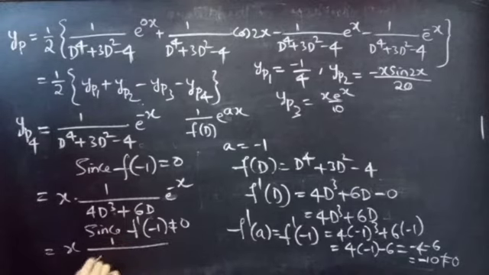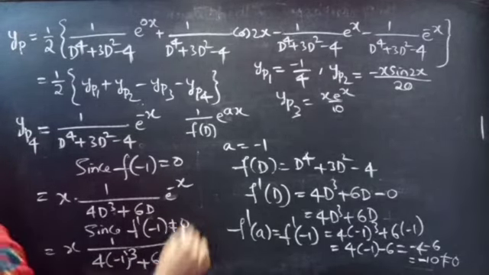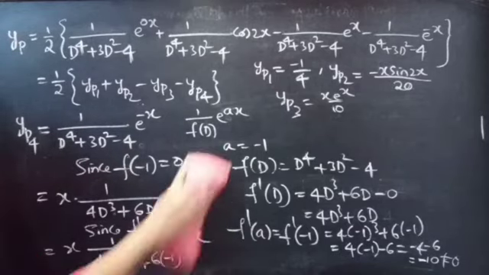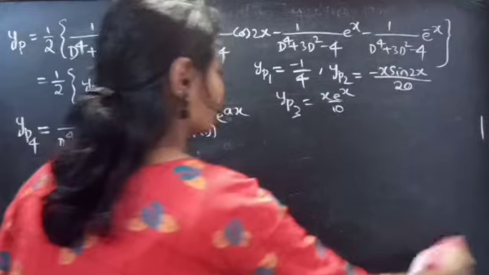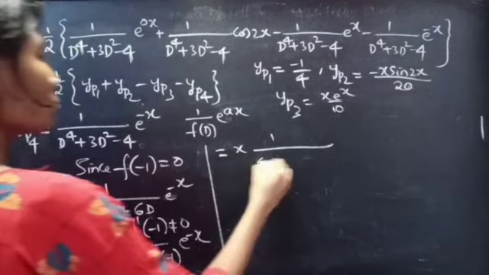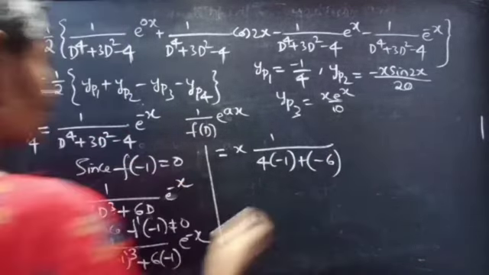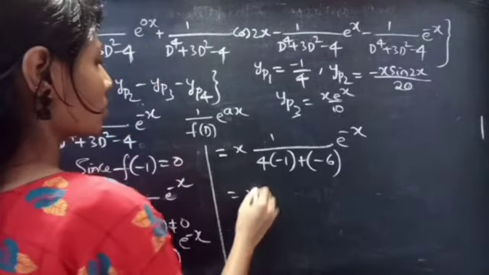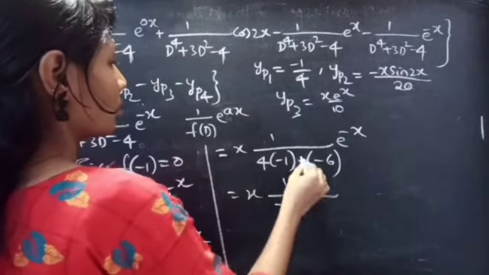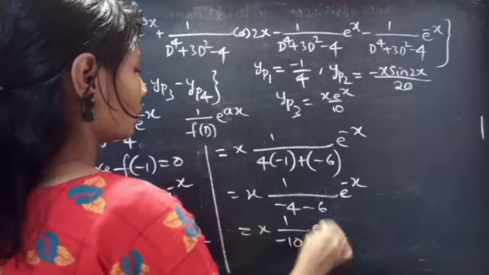Then we'll get x into 1 by 4 into (−1)³ + 6 into (−1), into e^(−x), which is x into 1 by −4 − 6, into e^(−x), which equals x into 1 by −10 into e^(−x).